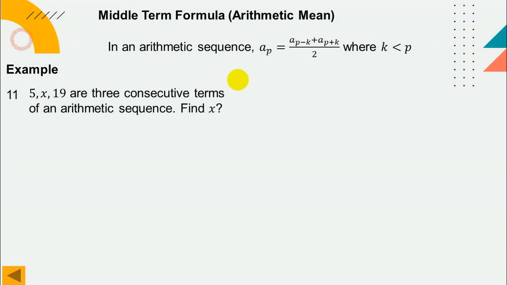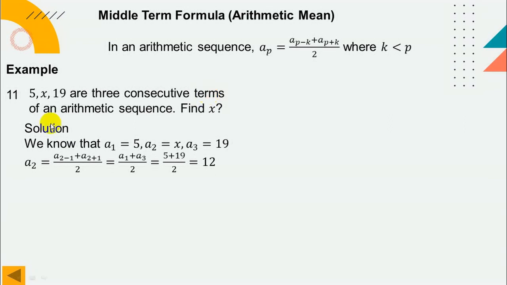We want to find the second term, so we can use the second term is equal to the (2 minus 1)th term plus the (2 plus 1)th term over 2. Because the second term in here is in the middle between the first and the third.